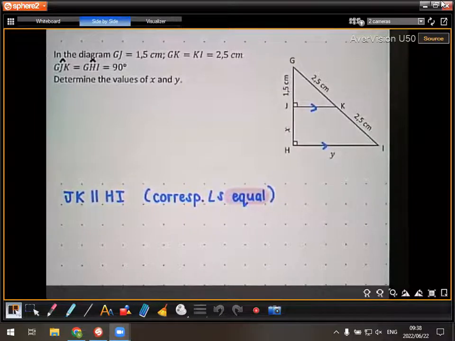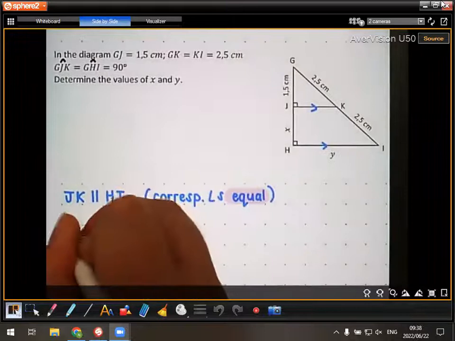Converse midpoint, yes, thank you. Guys, remember converse midpoint theorem says if you have a line going from the midpoint of one side of the triangle that's also parallel to the second side, then that line goes to the midpoint of the third side. So that means that J is the midpoint of GH.